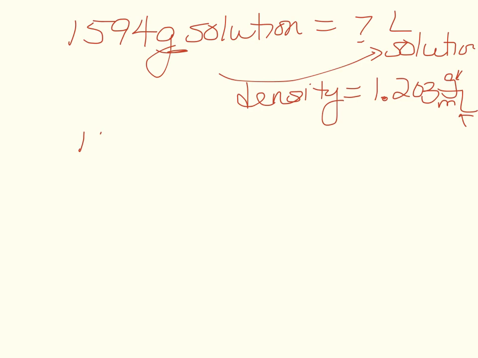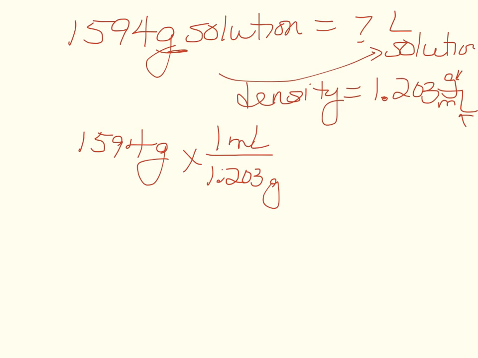So if we have 1,594 grams, just set your conversion up, and there are 1.203 grams in 1 milliliter. And plug that into your calculator. Let's see, so there are, 1594 divided by 1.203.